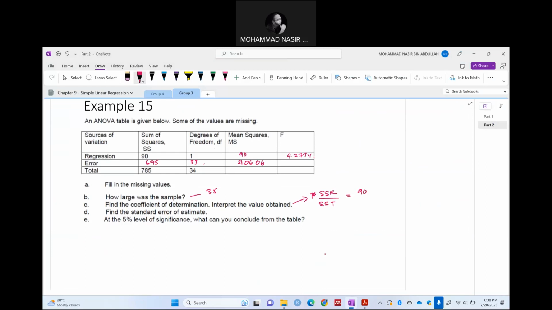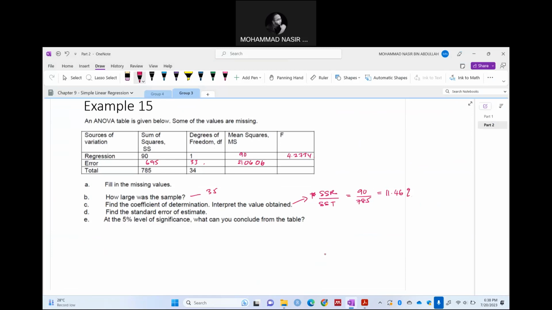So 90 divided by 785, which should equal 11.46, because R square should be expressed as a percentage. So how to interpret this one? There are 11.46% of the total variation in Y that can be explained by X.